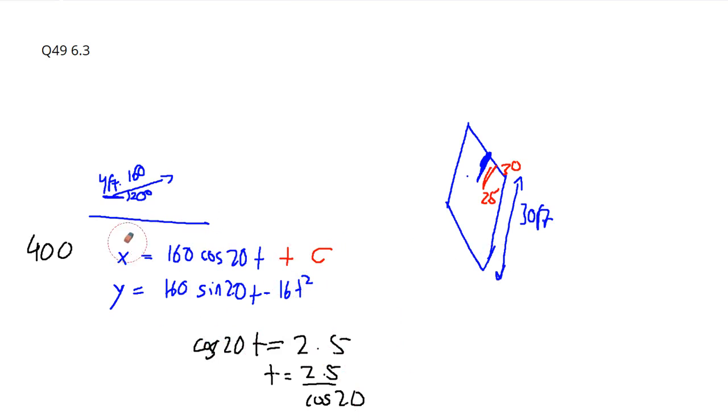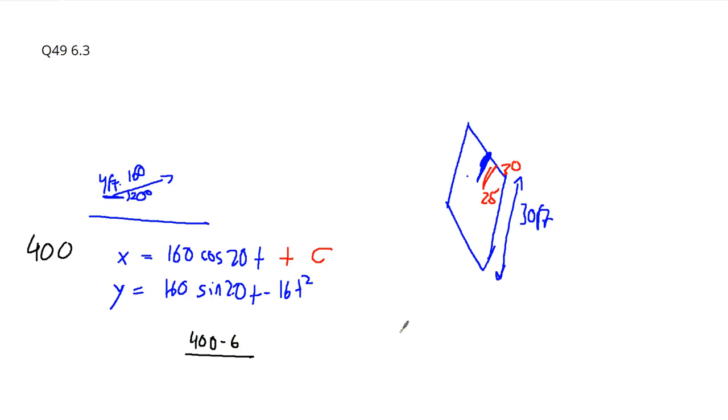So I'm actually going to subtract the c. So it's 400 minus c this time. So then it will be 2.5 times 400 minus c over 160, divided by the cosine of 20, which is our t.